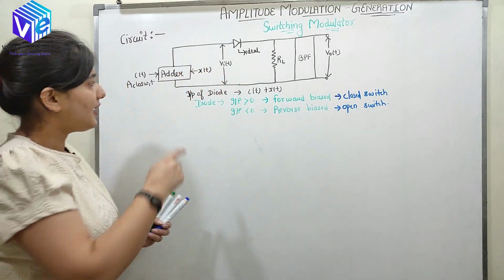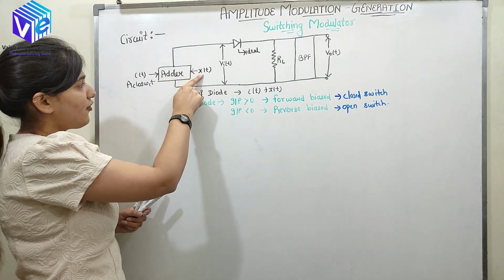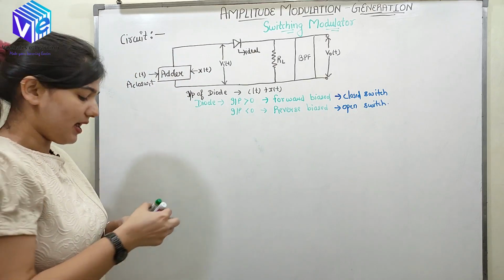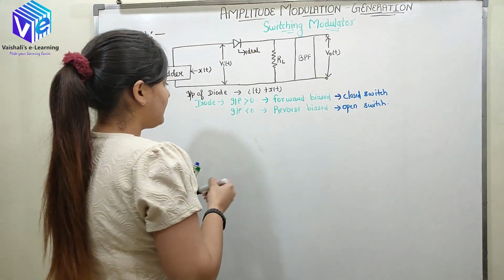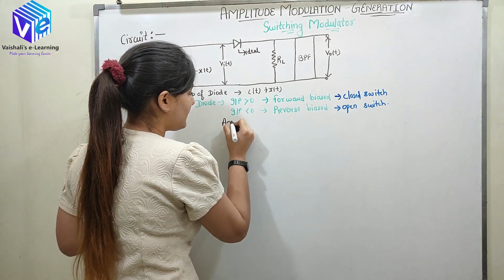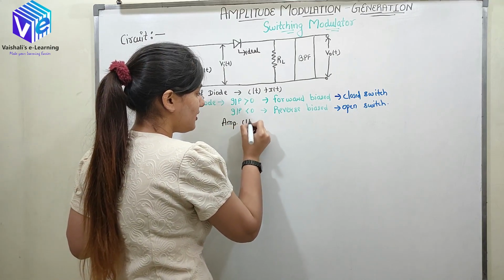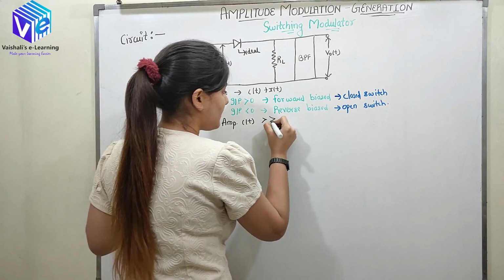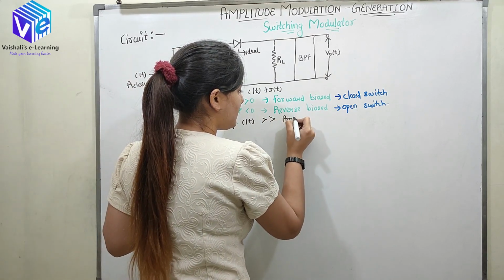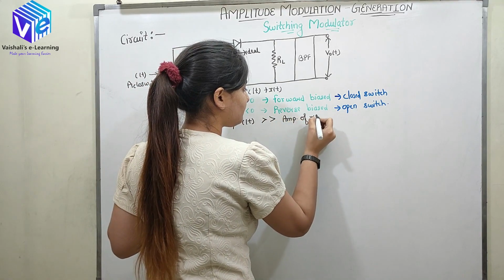The inputs are the information signal and the carrier signal. I already told you that the amplitude of the carrier is much greater than the amplitude of the information signal. Amplitude of c(t) is much greater than amplitude of x(t).